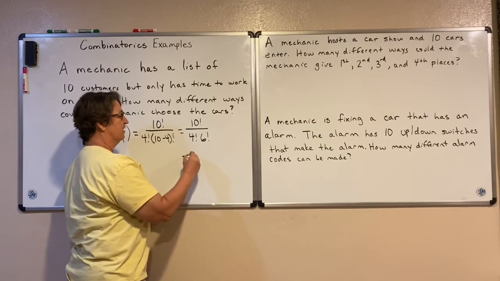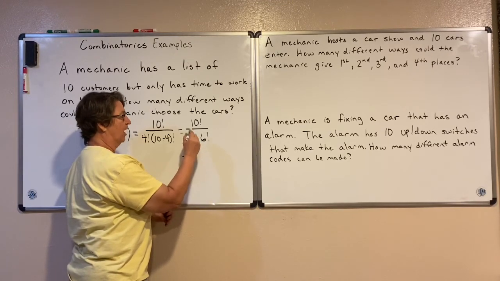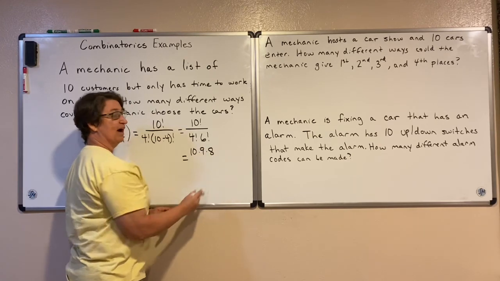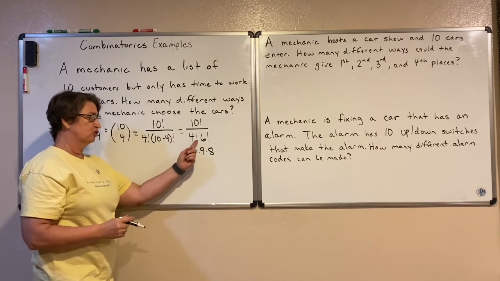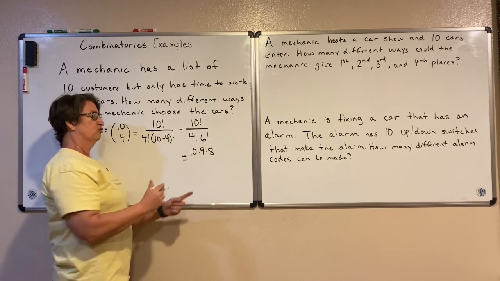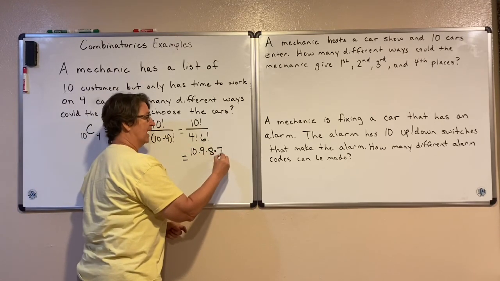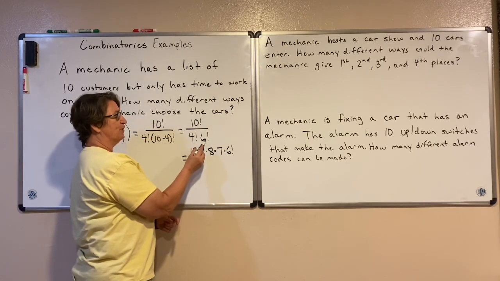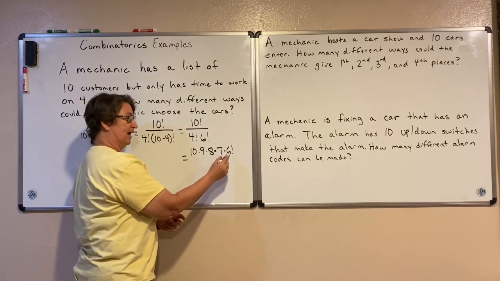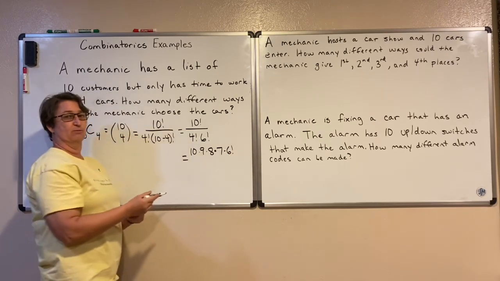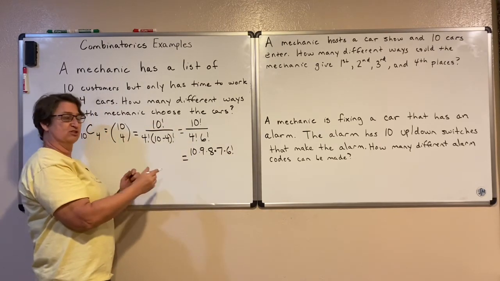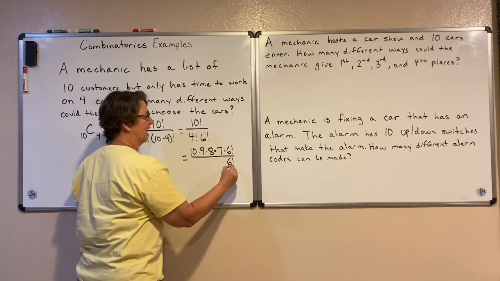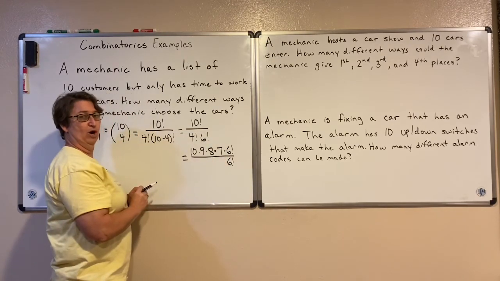So I have on top 10 times 9 times 8. Now I want to stop at the larger of these 2 numbers so that I can simplify and cancel those 2 out. So I'm going to stop at this 6 factorial. I could count it down, 6 times 5 times 4 times 3 times 2 times 1. Or I can just stop it at that 6 factorial and know that this 6 factorial and that 6 factorial are going to become 1.